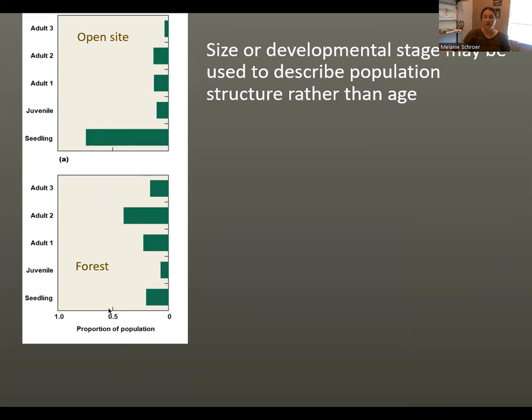Okay, in the forest, you see more of an even distribution here, so relatively few seedlings compared to here, but there are many more adults that are present. Okay, so this will give us a pretty good idea about the structure of the population and, in this case, the habitat as a whole.